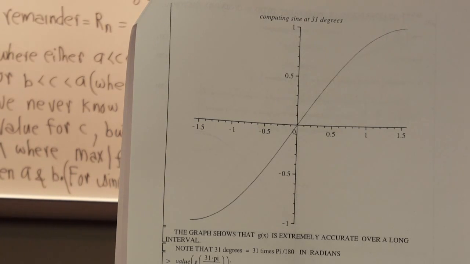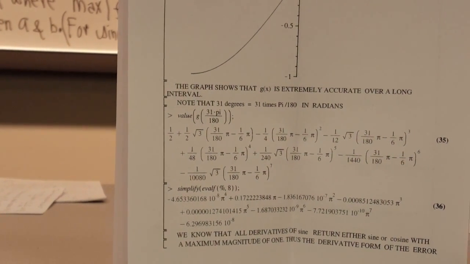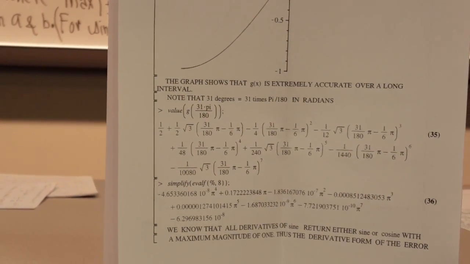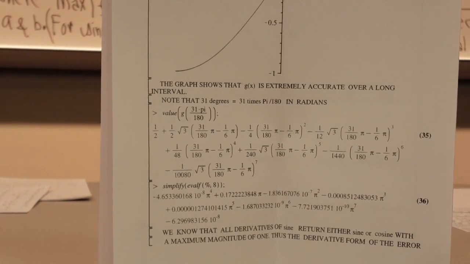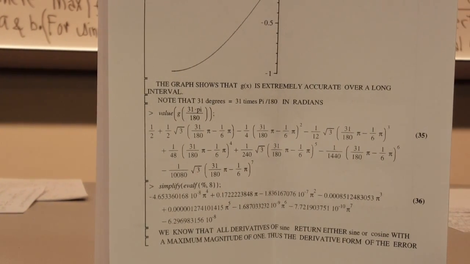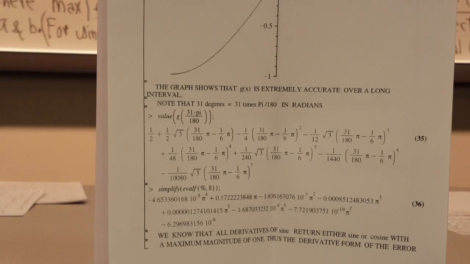So then, if you want to get some values, line 35, evaluate the polynomial at 31 pi over 180. You see, Maple has put in the fractions, and then you simplify that, and you see the numbers there.